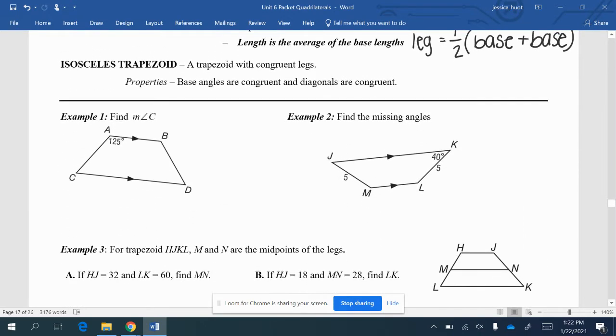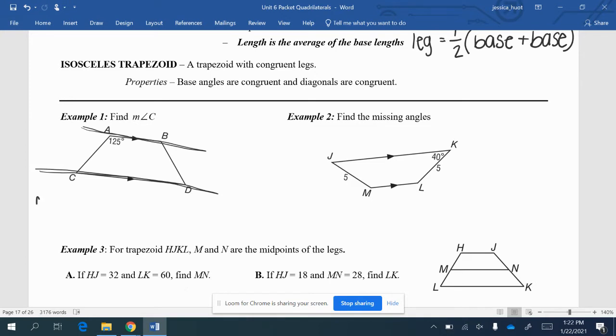So in example 1, we have to find the measure of angle C. If you look, we have two parallel sides and then our transversal.